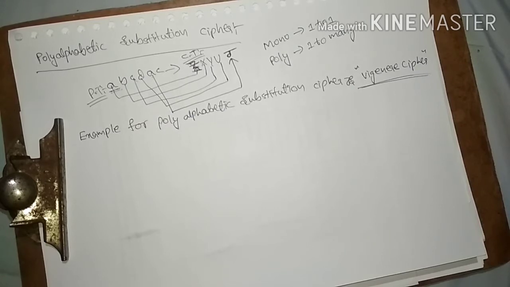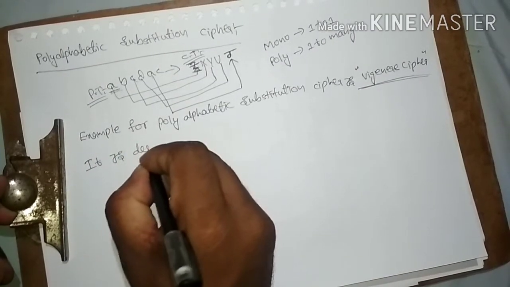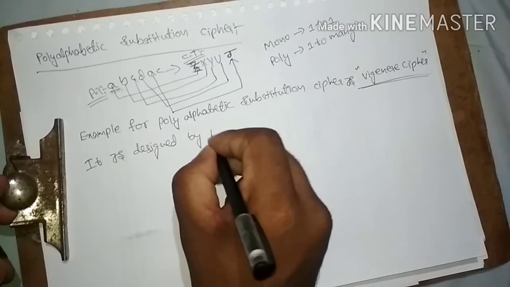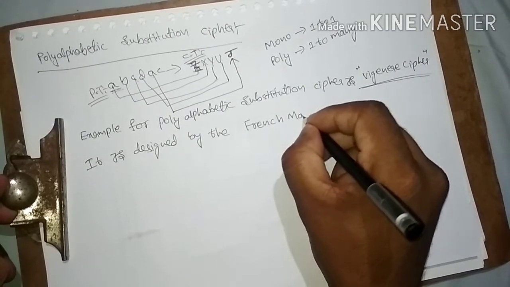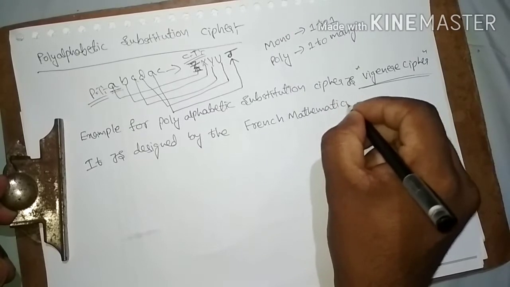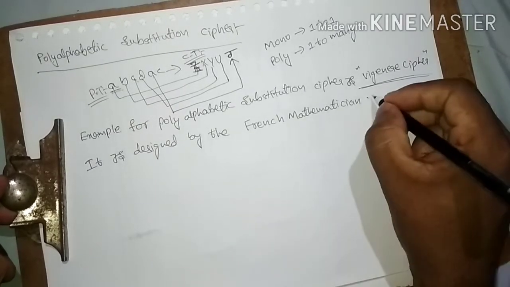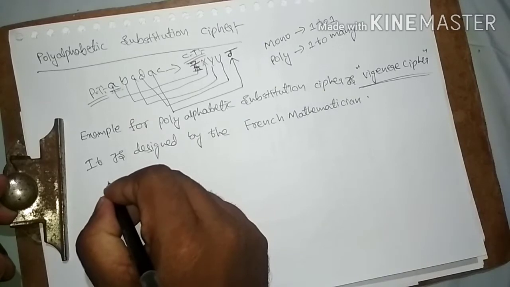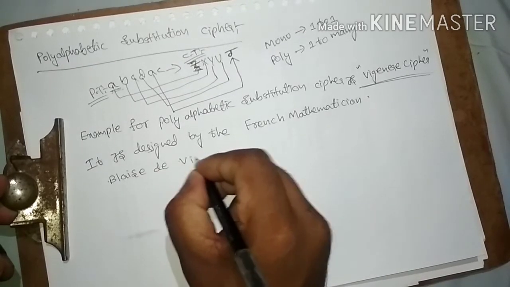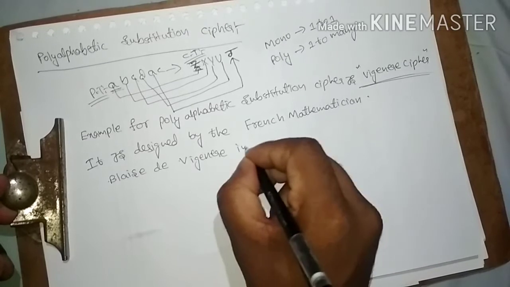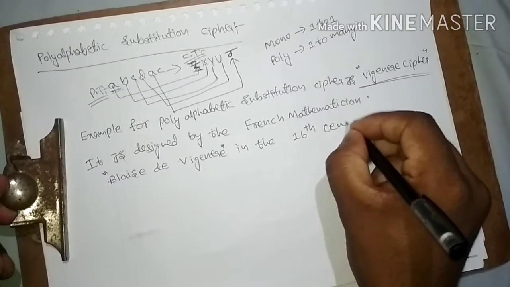What is the Vigenere cipher? The Vigenere cipher was designed by the French mathematician, his name is Blaise de Vigenere, in the 16th century.